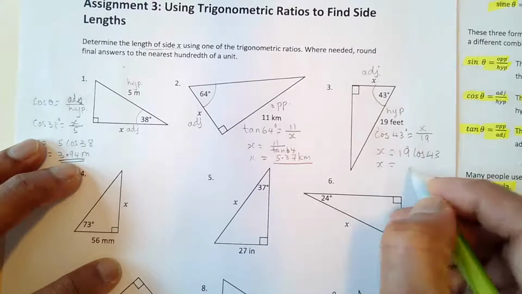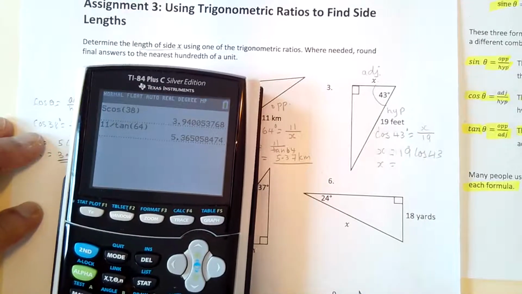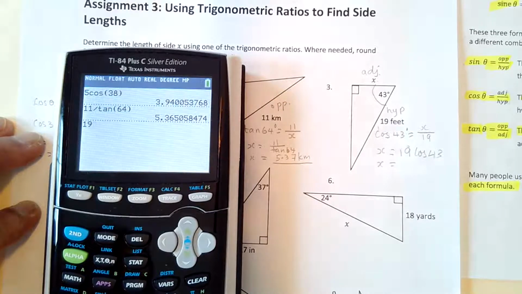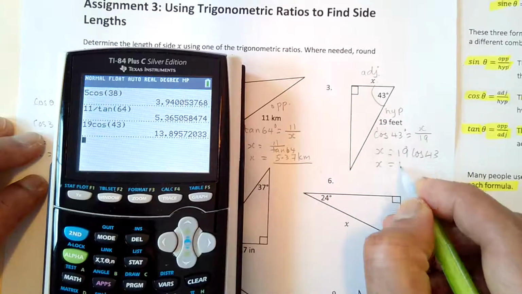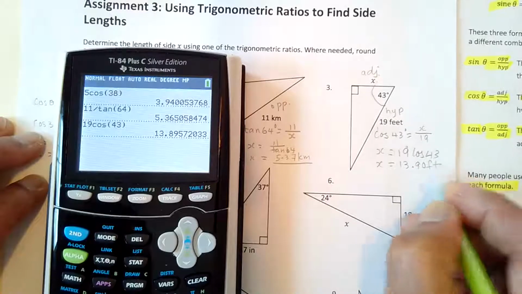So x is equal to, go to my trusted calculator again, and I have 19 cos 43. And that gives me 13.895. So I'll round to 13.90 feet.